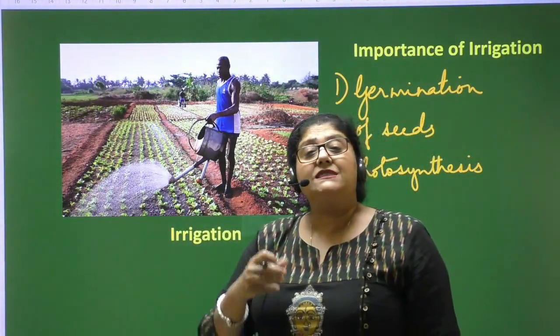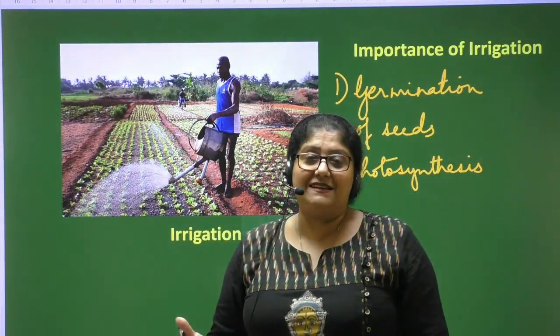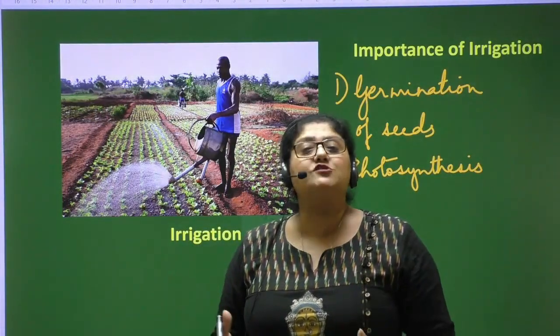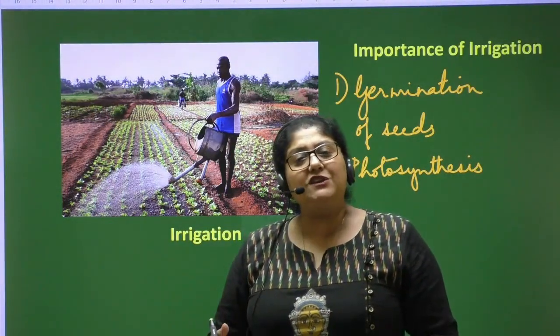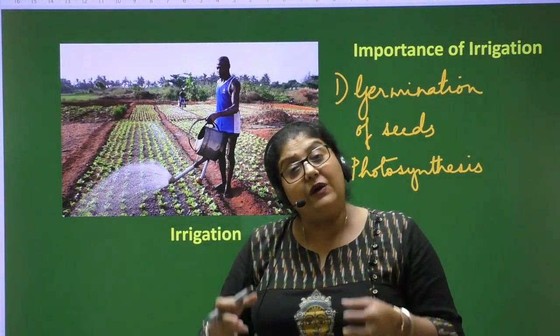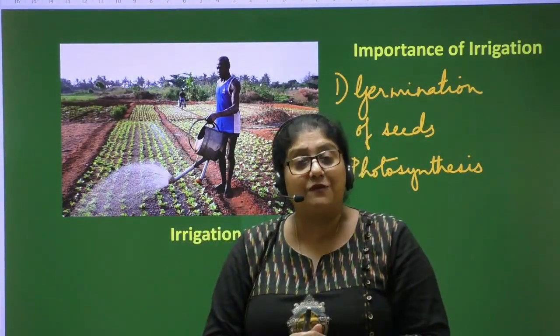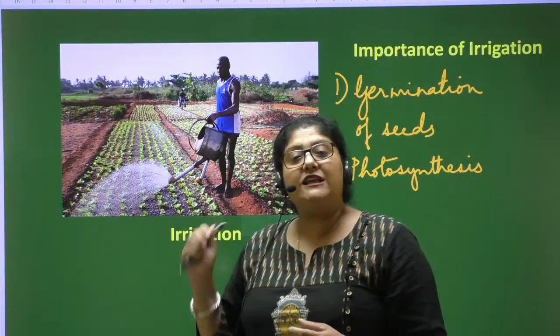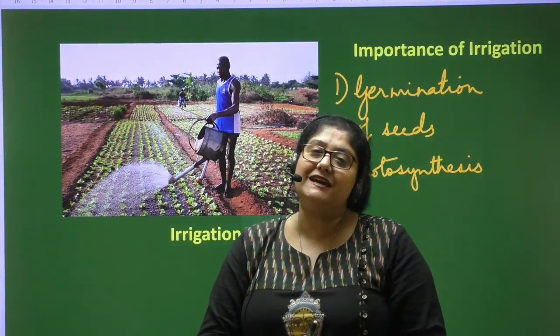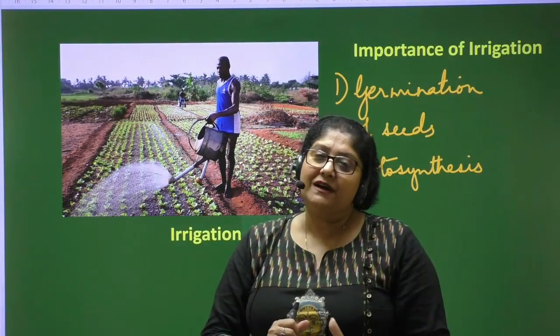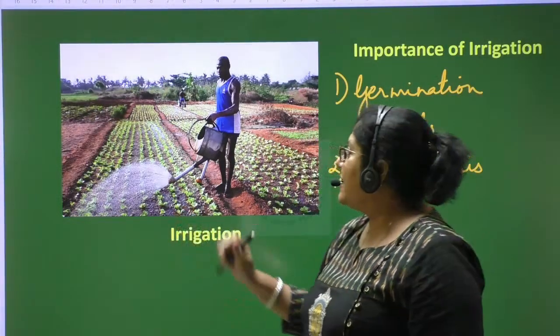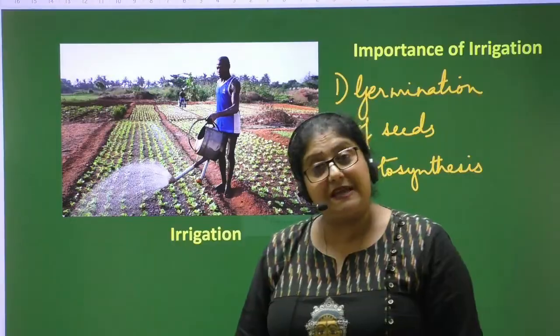Not only that, the fertilizers that have been added are actually water soluble chemicals. So they also need water to dissolve, and only in this dissolved form will the plants be able to take fertilizers from the soil. So water also helps in dissolving the fertilizers added to the soil. So that is the reason why irrigation is also a very important step.